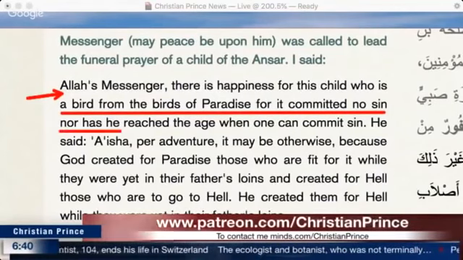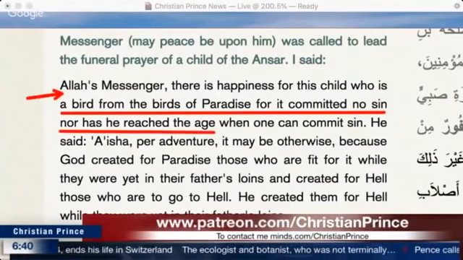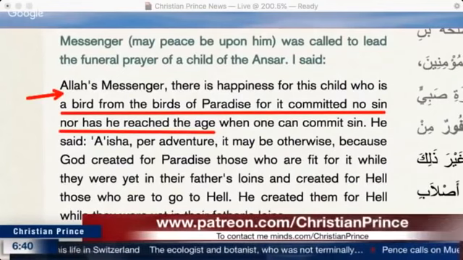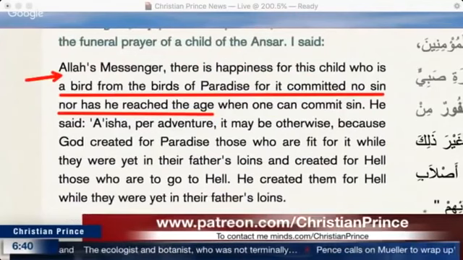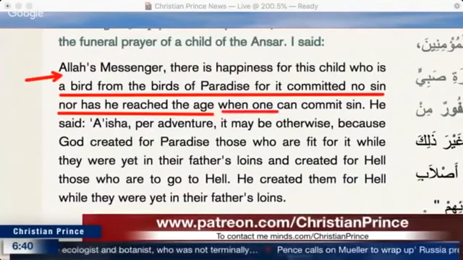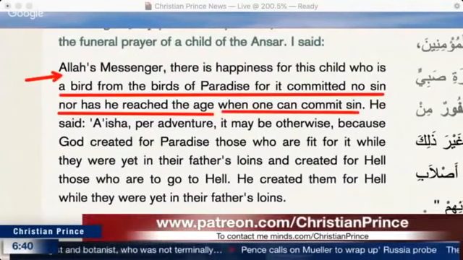So it's clear now that this child is a very little baby, not even 5 years old, mostly an infant, and he committed no sin. So this is the logic of Aisha, and I agree with Aisha with her logic.